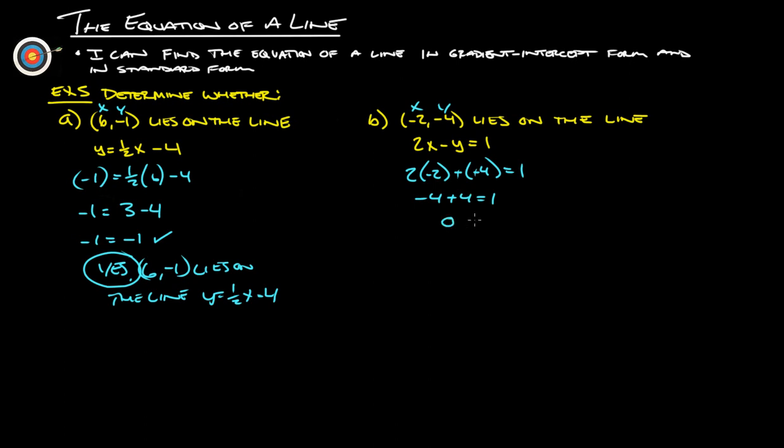That's 0, and 0 does not equal 1, so it's not on the line. The better way to write that would be (-2, -4) does not lie on the line 2x minus y equals 1, but we're okay with this.